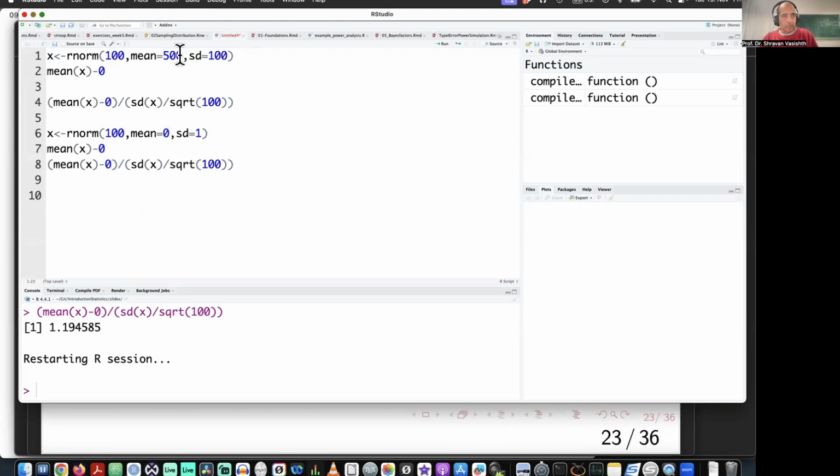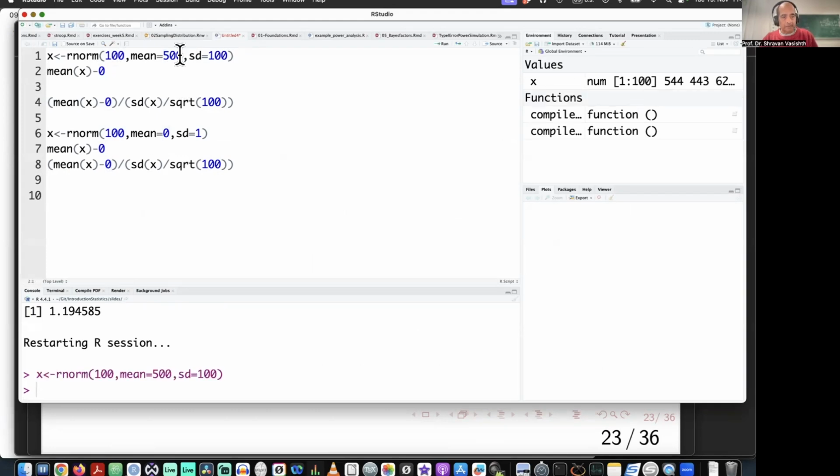So I take my sample, and then I compute the distance between the sample mean and the hypothesized mean. That distance is 496, right? That looks very large.